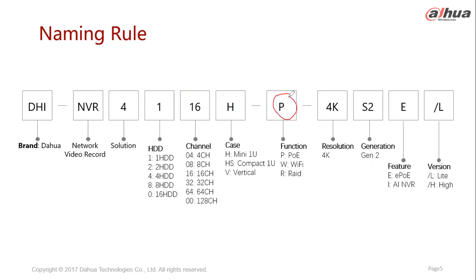P means PoE. That is the power output from the NVR, so it can power the cameras. W means it's a Wi-Fi support NVR. R supports RAID. We talked about RAID. So if you see R, it means the NVR can support RAID, meaning it has capacity of 8 HDD or 16 HDD.